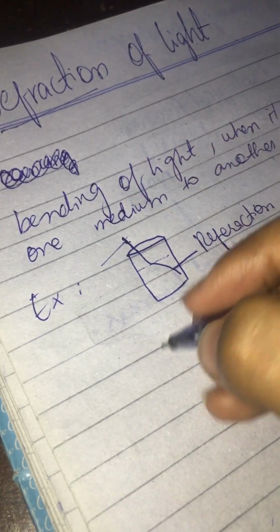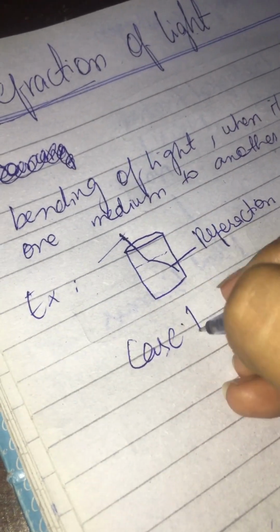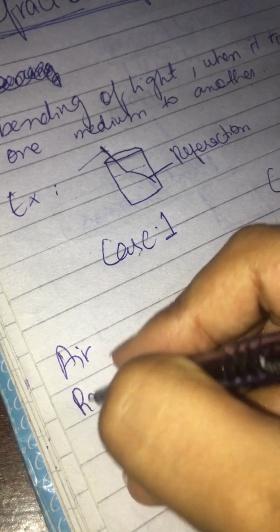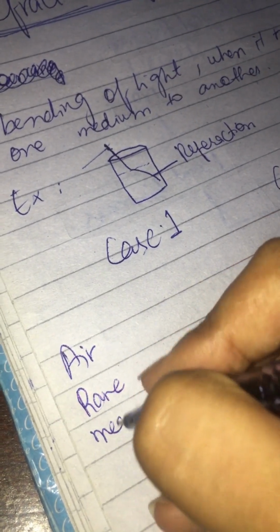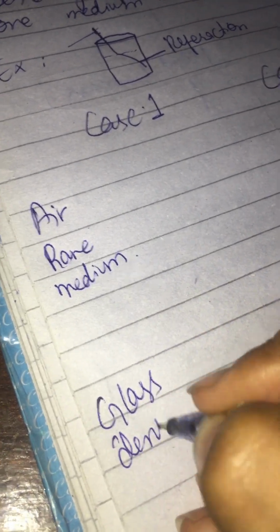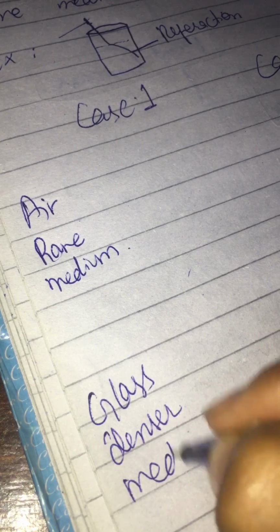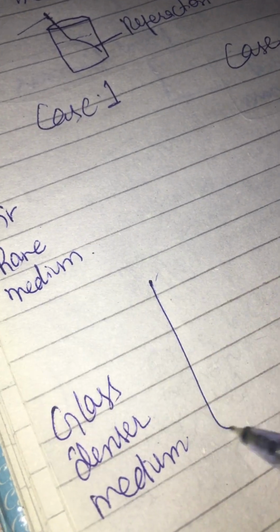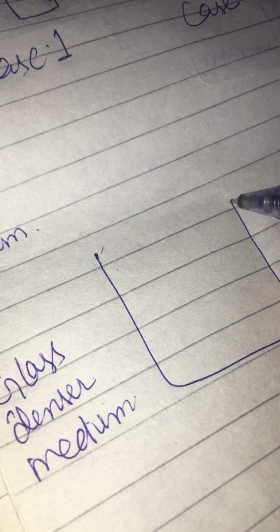Now suppose we are taking two cases. Okay, case 1 and case 2. So here's the medium, air as a rare medium and glass as a denser medium. So now what would happen? Here we are taking the glass, and here's the structure.